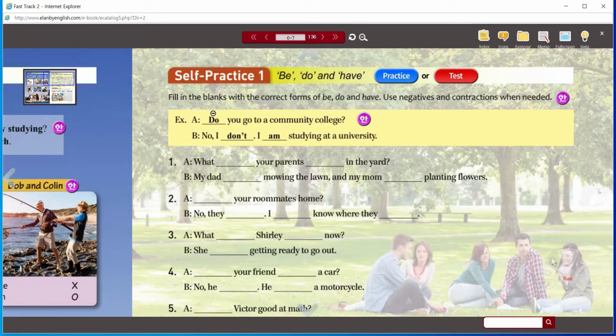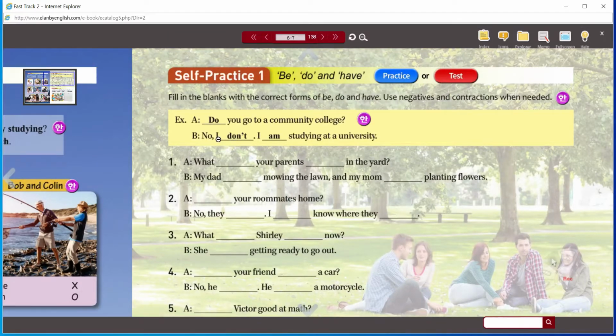We know we use an auxiliary verb do when we're talking about an action. Okay. And when you're answering a do question, you use do in the answer. So if the answer is no, there's a negative. Notice the answer is don't.